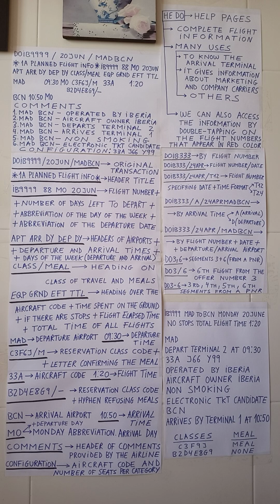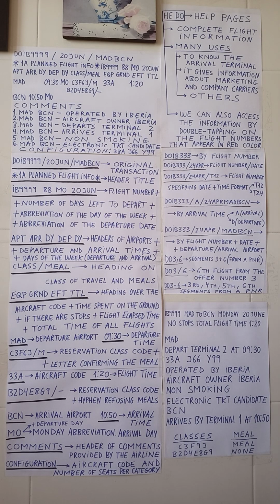On the seat availability map offered by Amadeus, which I explained in that previous video, you can see that all classes are represented by letters. Next to each letter, there is the number of existing seats. 66 and 99 would represent the total number of seats in each of the 2 categories.